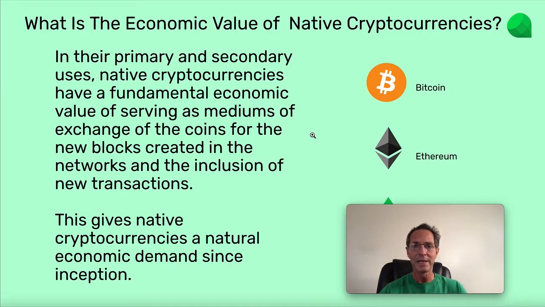It had already an assigned role to pay for blocks and to pay for transaction fees. So that kernel or that base economic value was fundamental for the creation of cryptocurrencies. This gives native cryptocurrencies a natural economic demand since inception.